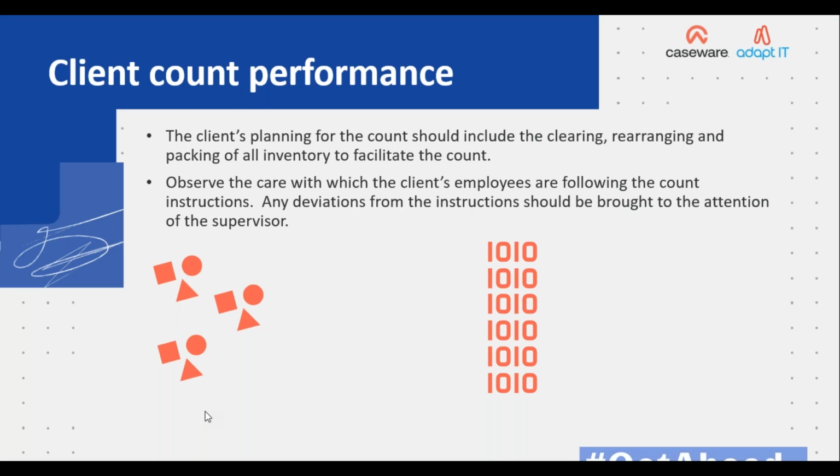What about the scenario where the client staff is not following the instructions? Then this gives you a risk that the count may not be accurate, and this reduces your assurance obtained from this procedure.